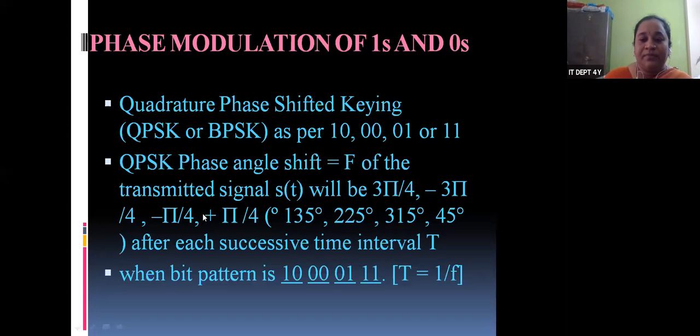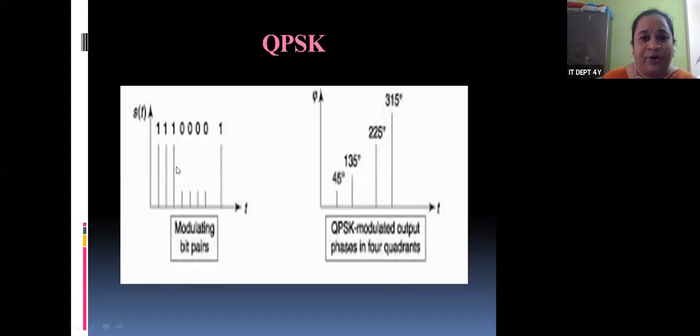Okay. And here is the phase modulation of the BPSK. So the modulating bits are like this: 1, 1, 1, four zeros and 1. The same representation has been given in the QPSK like this: 45 degrees, that is the highest peak amplitude, at the lowest degree values, and the lowest peak amplitude with the highest degree values.